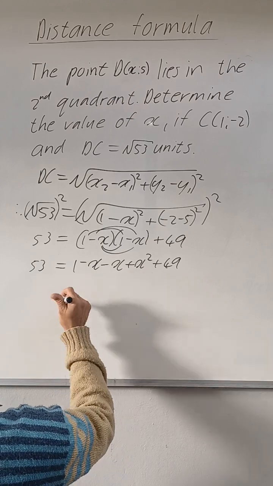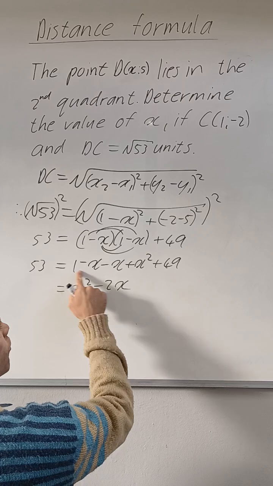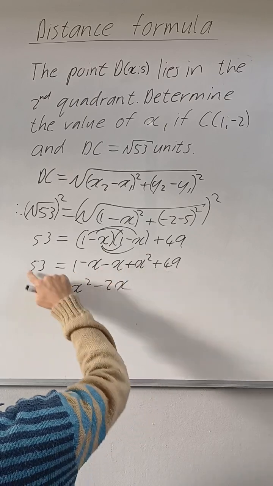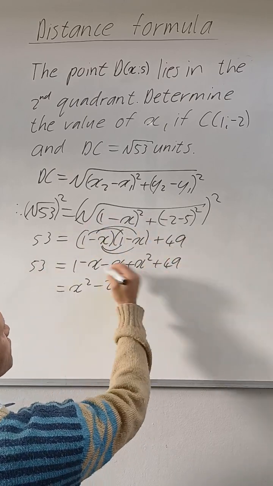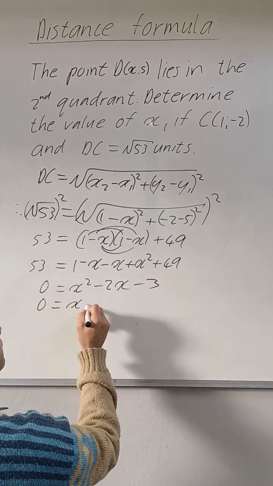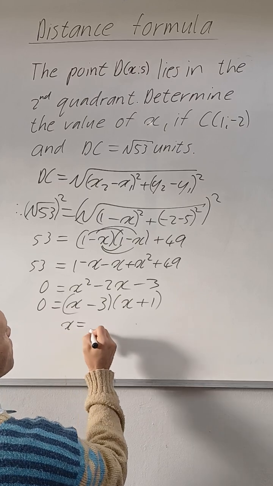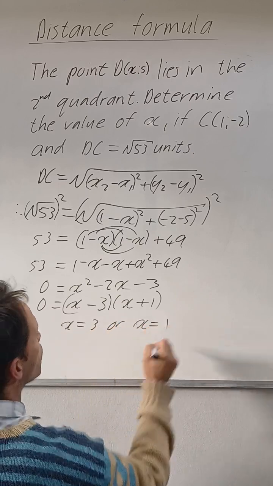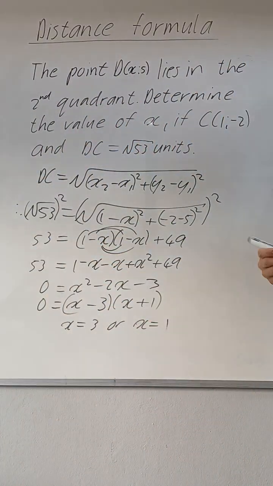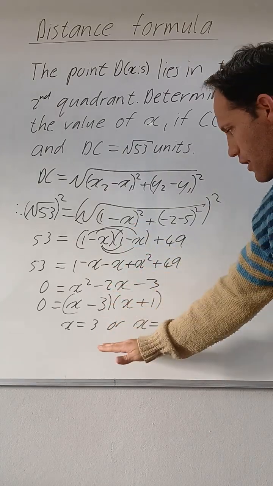So now we can say it's going to be x squared minus x, and minus x is minus 2x. 1 plus 49 is 50. If you take the 53 over, it's 50 minus 53, which is negative 3. And then you're going to say (x minus 3)(x plus 1). So x is equal to 3, or x is equal to negative 1. I'm doing this fast because this is what we've done already, in grade 9 and 10, the first part of grade 10, algebra.